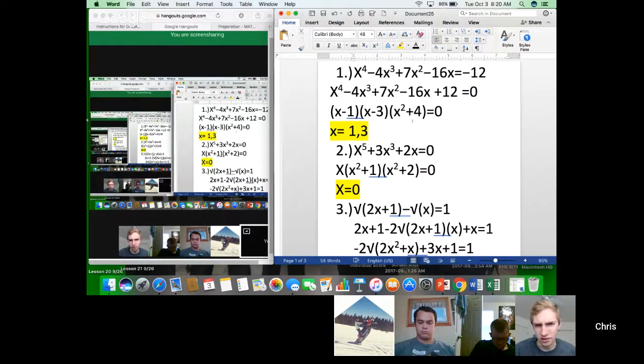What did you substitute for it? What do you mean substitute for it? Are we supposed to do the substitution method on all of them, or just try to solve them? If it makes it easier, then use it. But if not, we can just solve it that way. For number 1, it doesn't look like subbing would do anything. No, it wouldn't.